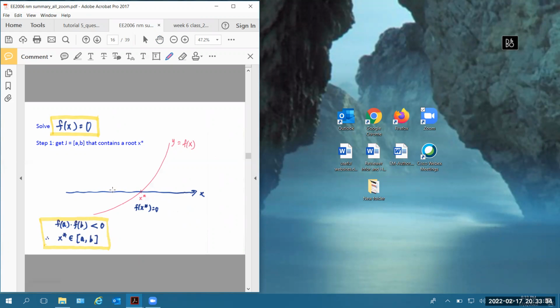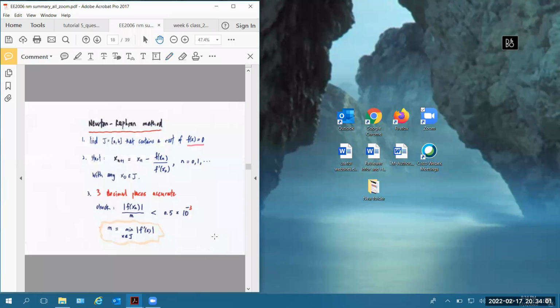So here, for example, this is our point a, then here is our point b. From the diagram that I draw here, I can see that my f(a) is negative and my f(b) is positive. The important thing is one negative, one positive. So there's a root x star in between a and b. Okay, so that's the first step.